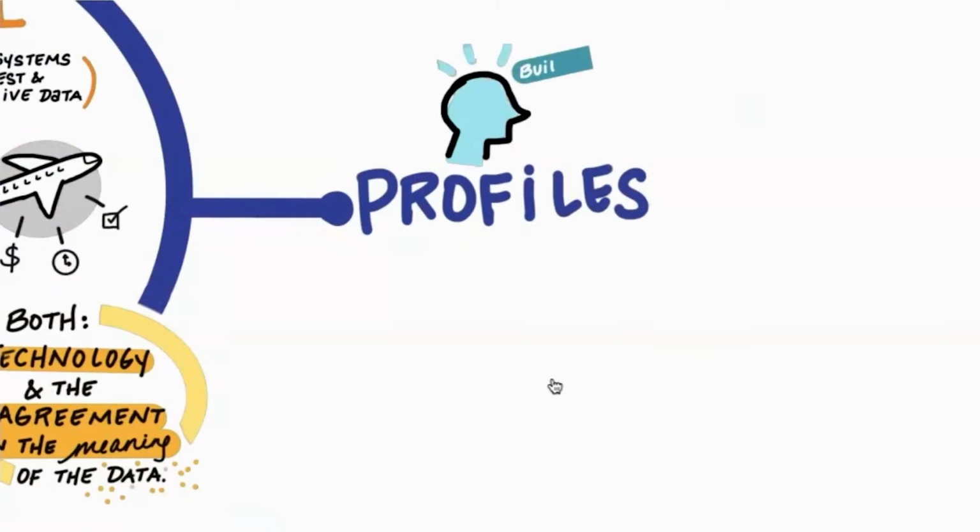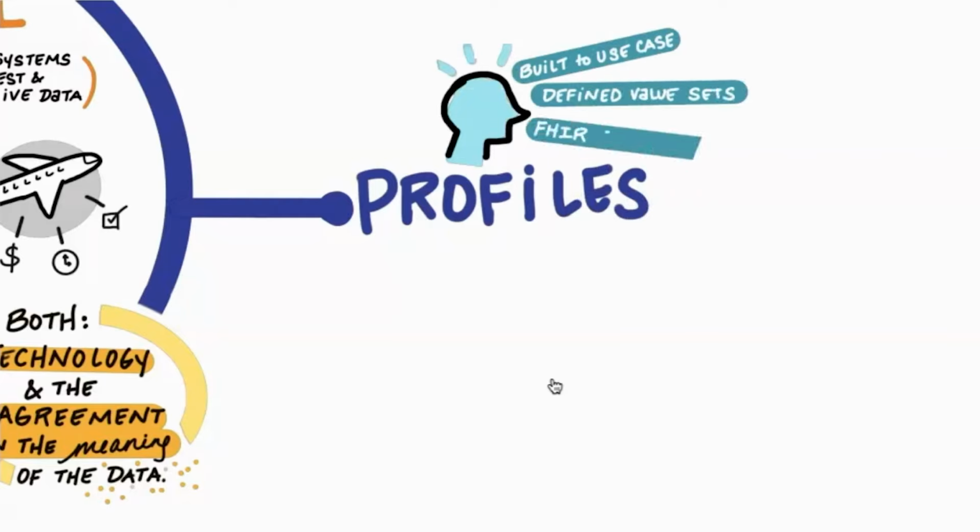The second concept that I want to explain today is FHIR profiles. So FHIR profiles are all the resources, all the rules and relationships of the data in that profile for a particular use case. And so the profiles vary by what use case it is.